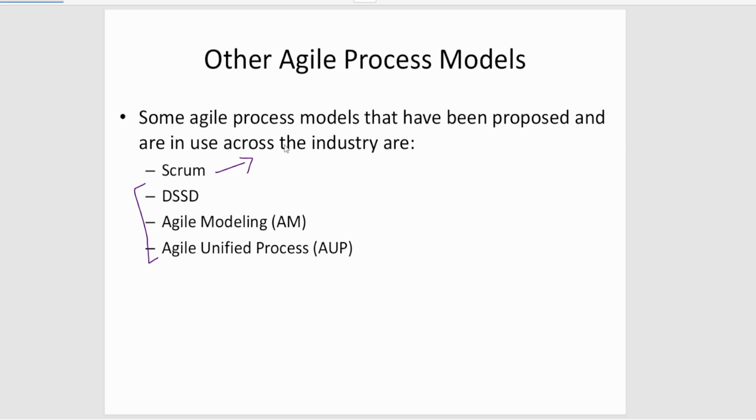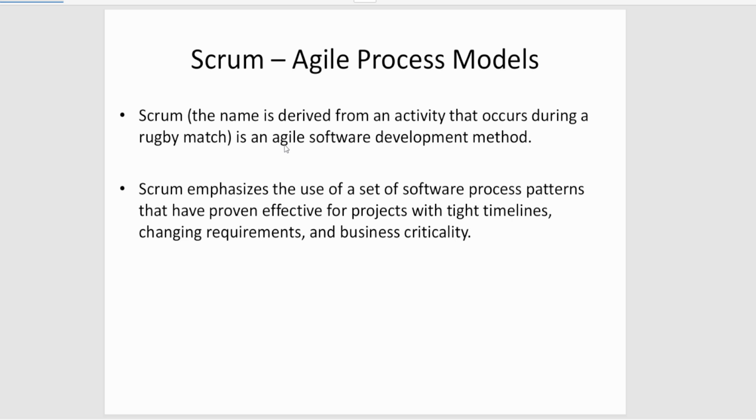Let us now start with what is a Scrum based agile process. As the name suggests, if you have played rugby, the word Scrum has been coined from that particular event. The name is derived from an activity that occurs during the rugby match.